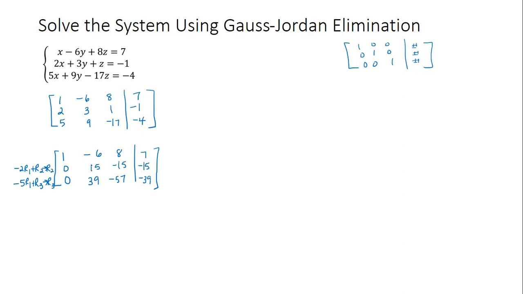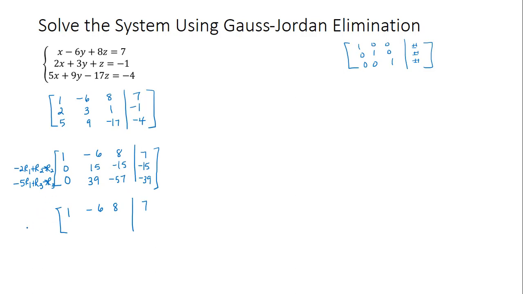Now we need to get a 1 in the second row, second column. Notice that 15, negative 15, negative 15 are all divisible by 15. So to get a 1 there, I can multiply or divide really each of those entries by 15. So we will get the system 1, negative 6, 8, 7.